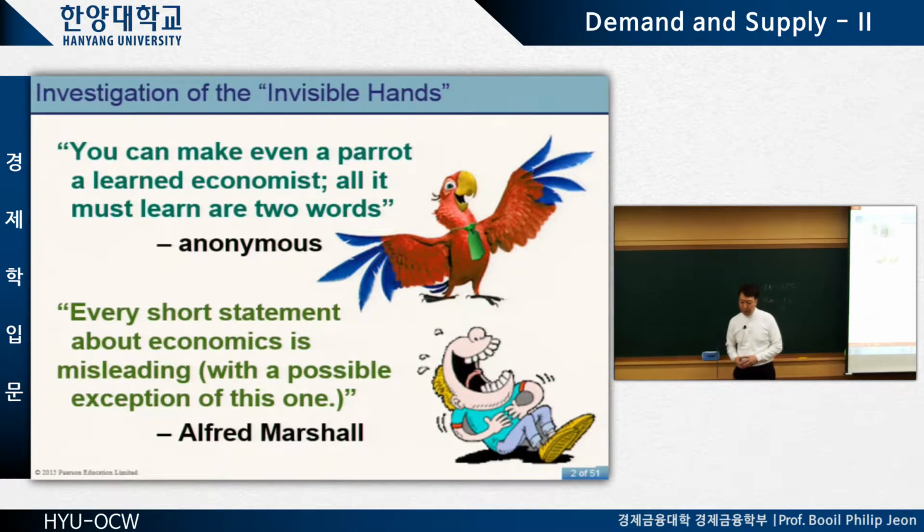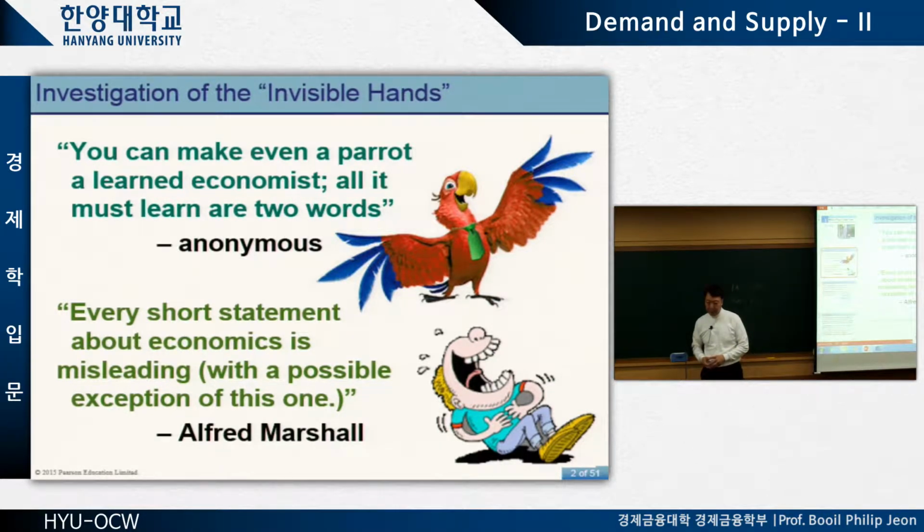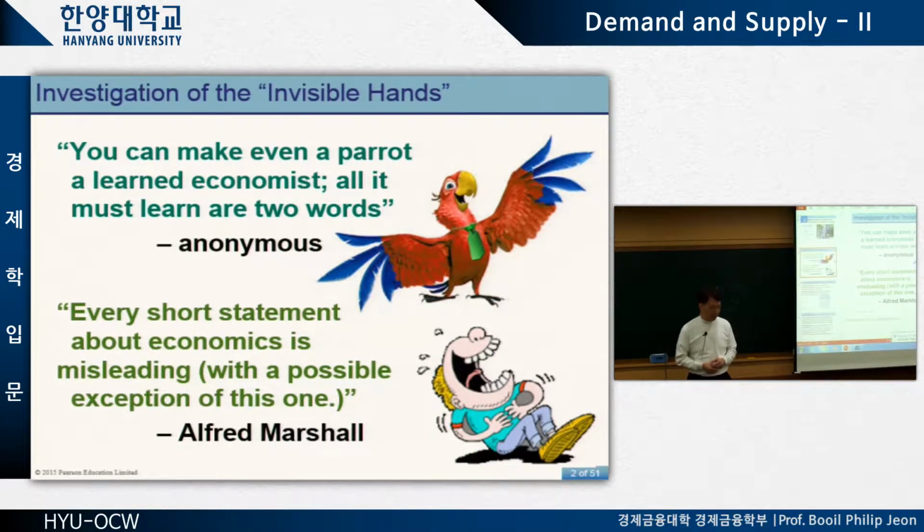So something like marginal analysis. You will learn about marginal analysis. It's a very important concept in economics. So in most cases, what matters is marginal amount rather than total amount.